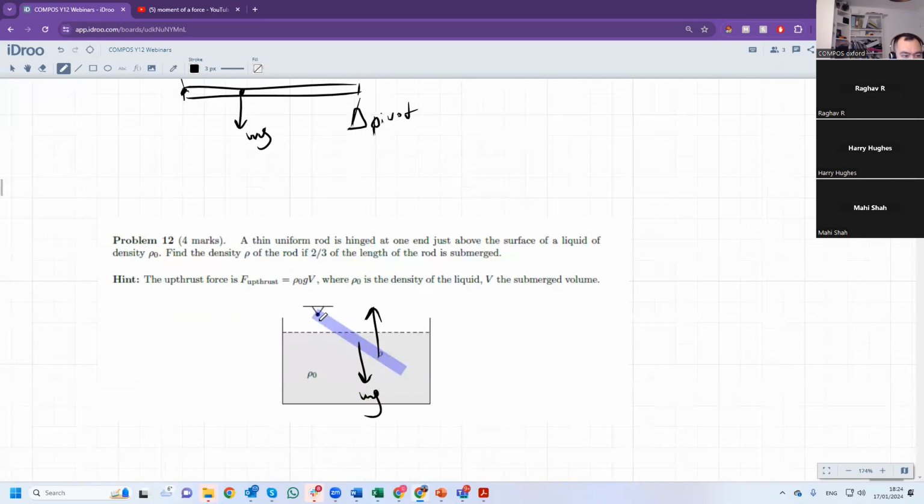And then you just take the moments. So this is d1 and this is d2. This is F buoyancy. So d1 times mg is equal to FB times d2. Buoyant force.